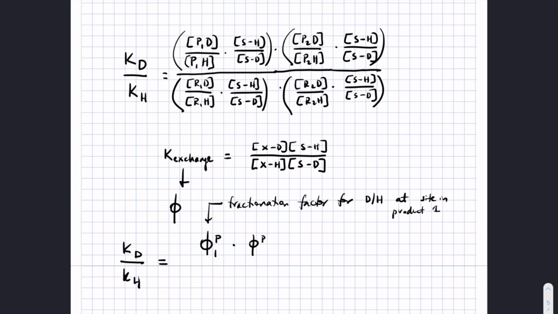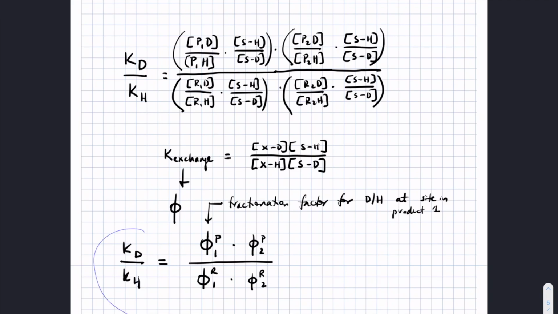Similarly, this is going to be the fractionation factor for deuterium versus hydrogen at the site in product 2. And then we're going to do the same thing in the denominator, only it's for reactants.